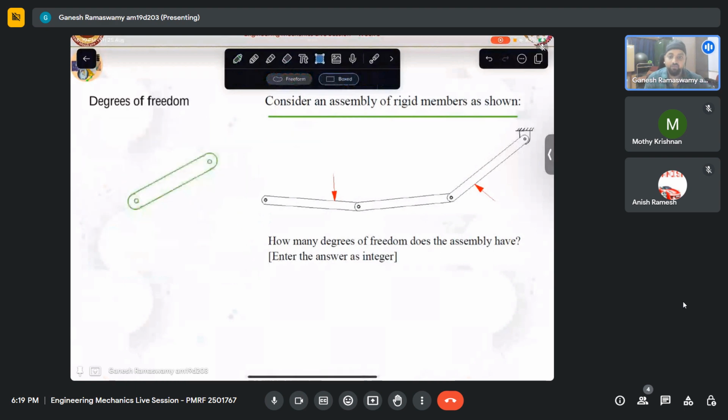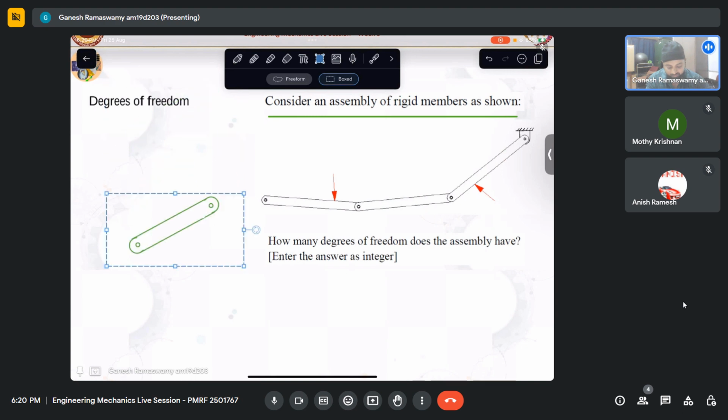Now we are dealing with planar systems. In general, in a 3-dimensional space, any body can translate in 3 directions and it can rotate in 3 directions. So generally in space, a body has 6 degrees of freedom. Now we are confining our attention to the plane of this screen.